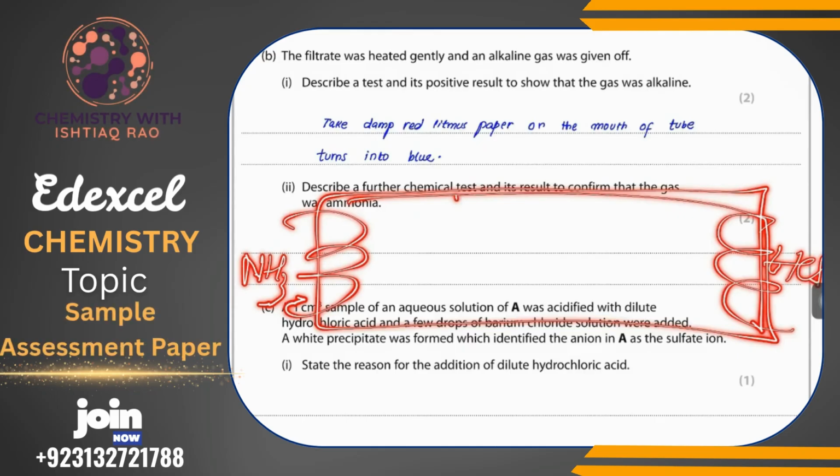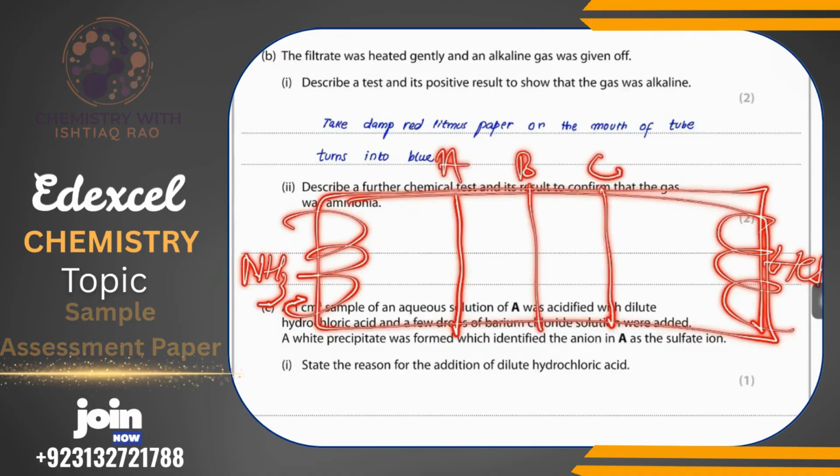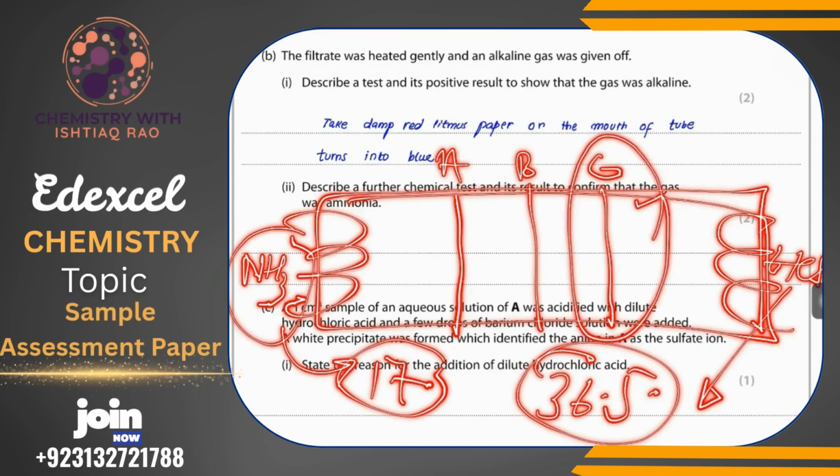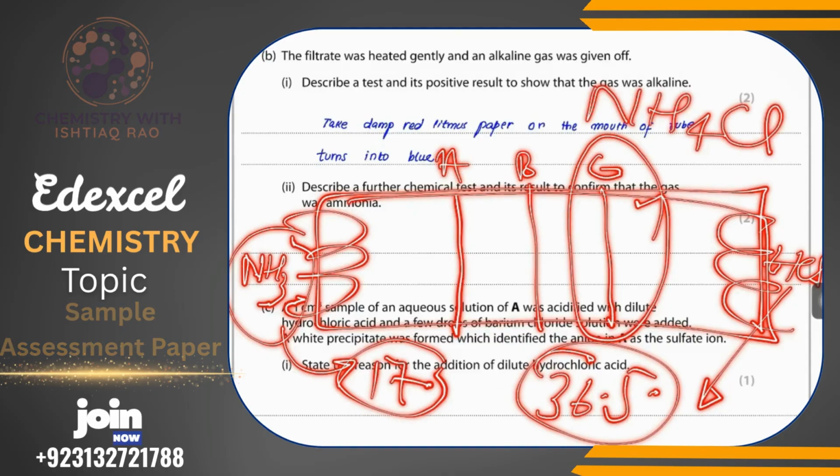They used to ask at which point they are going to meet, point A, B or C. Since the molecular mass of ammonia is lower, that is 17, and the molecular mass of HCl is 36.5, ammonia diffuses faster and HCl diffuses slower. So they will meet at point C and form ammonium chloride. We can see a white solid of ammonium chloride.